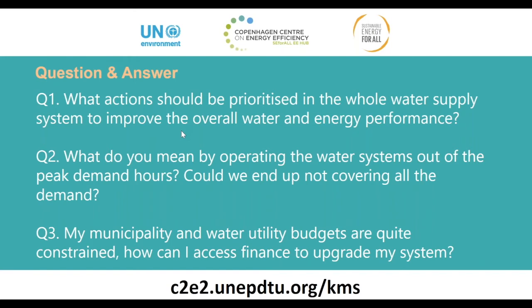If we end up not covering all the demand, if the system is properly sized, this should never happen, because what we control is not the amount of water we supply, but the pressure inside the pipes. It could be possible through a drought, but no, it's quite complicated.